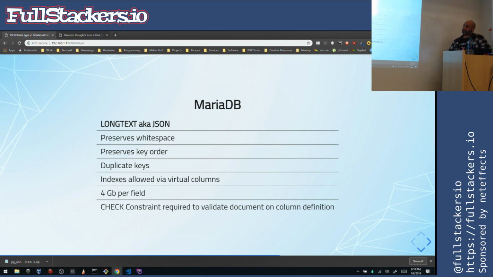You get all the snazzy stuff, and they allow you to store up to 4 gig. But they don't do JSON data type checking by default, and I might be incorrect about that. I'll have to verify that one. So as far as similarities go, if JSON is important to you, I would suggest going MySQL if you have that choice. Some people prefer not to get in bed with Oracle.